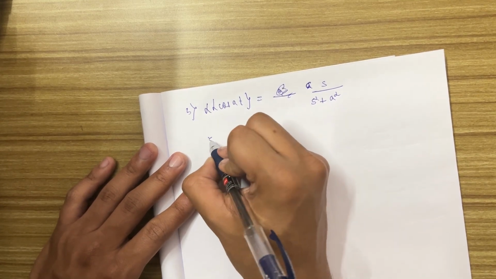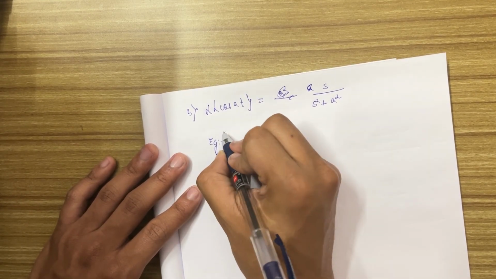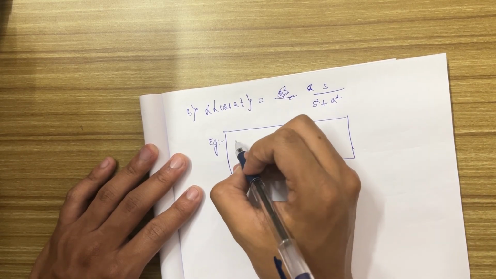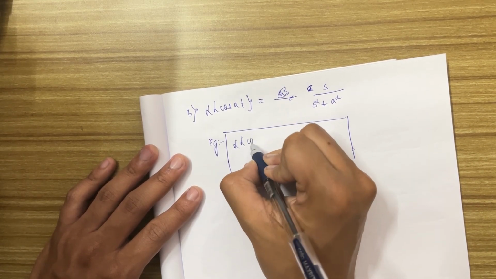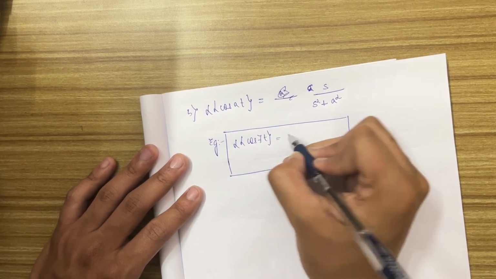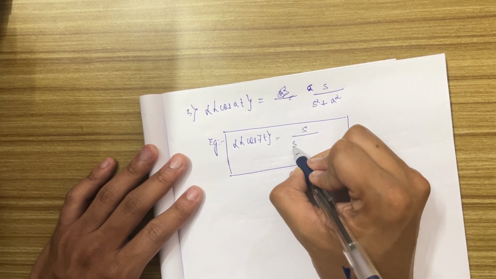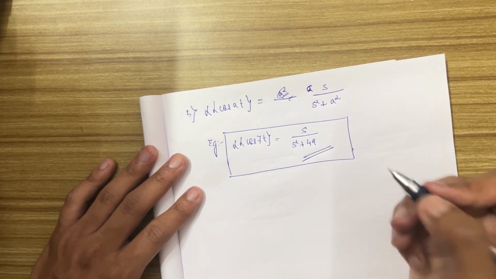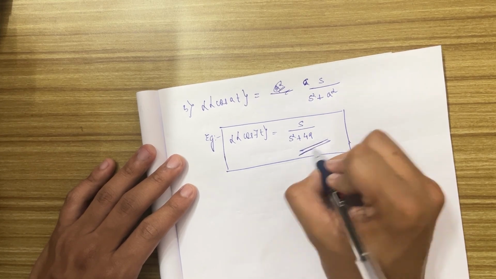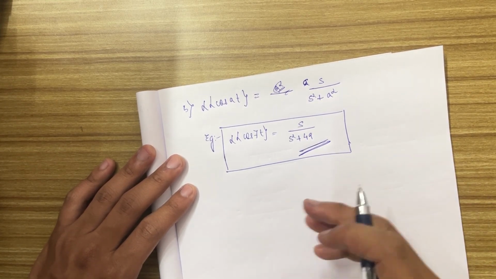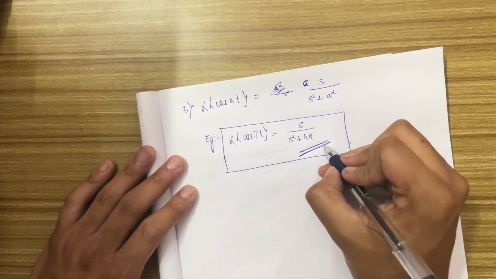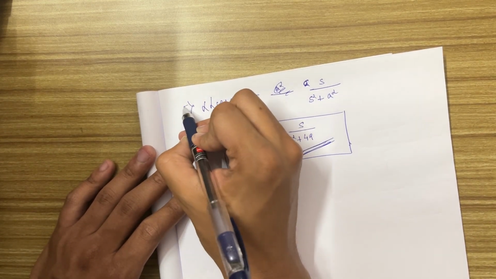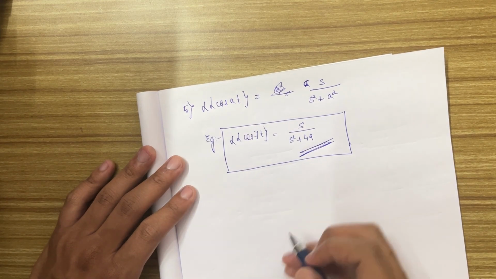So let us do an example: Laplace of cos 7t would be s by s square plus 49. These are the formulas which we have to remember. These are the most important formulas, as we would need them afterwards.